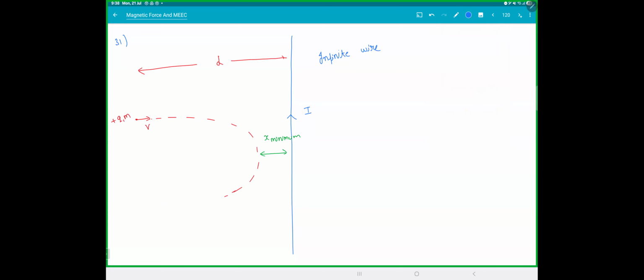So we have a charged particle which is projected towards an infinite current carrying wire. As it gets closer and closer, the magnetic field becomes more and more. So this thing will start deviating. So find the minimum distance between the wire and the charge.